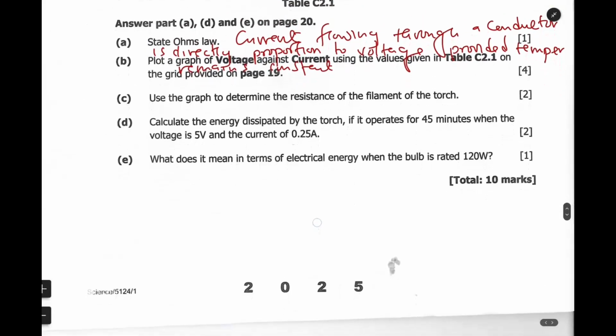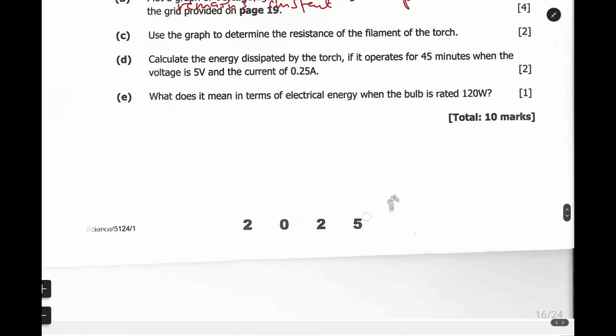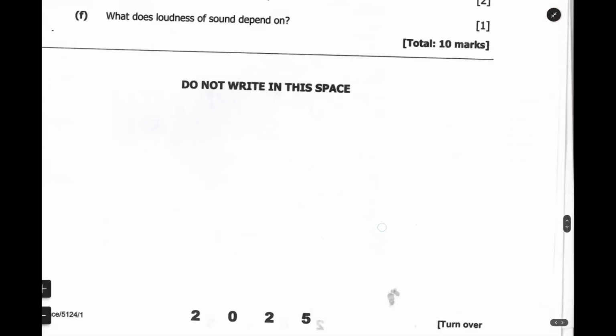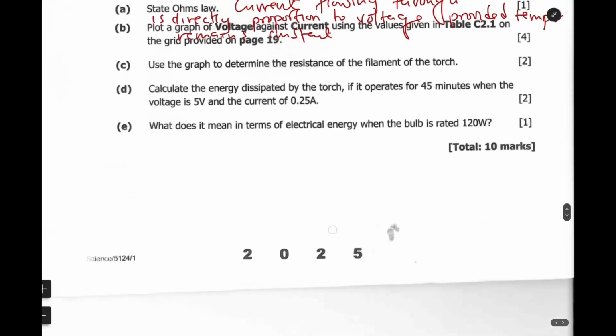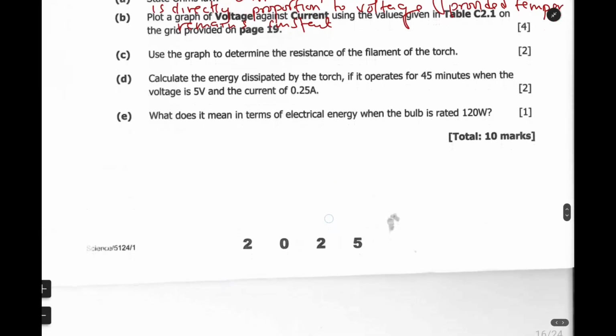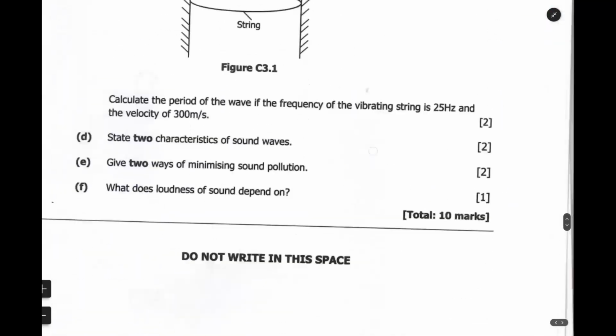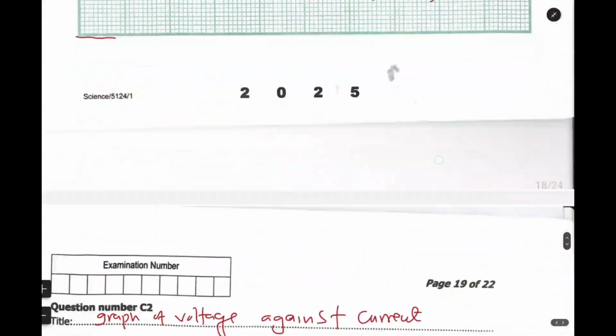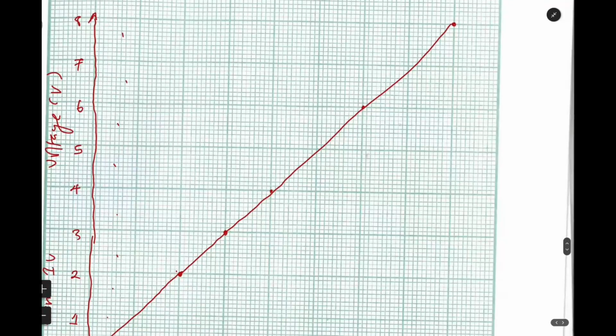Use the graph to determine the resistance of the filament of the torch. That is question C, so I'm going to put it on the graph right here. To determine the resistance, resistance is equal to voltage over current.